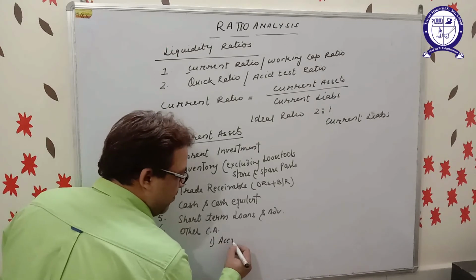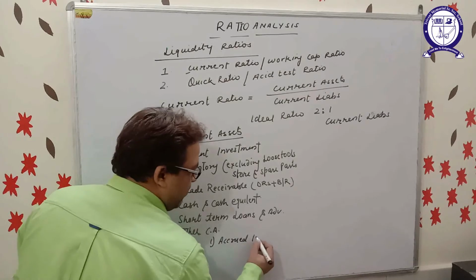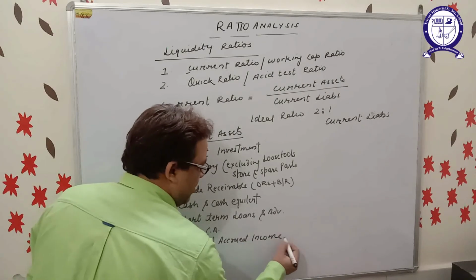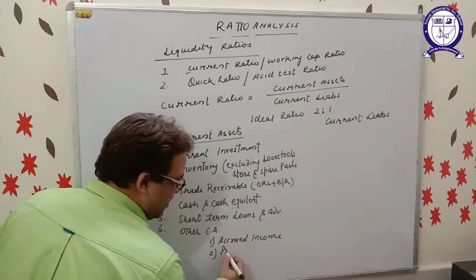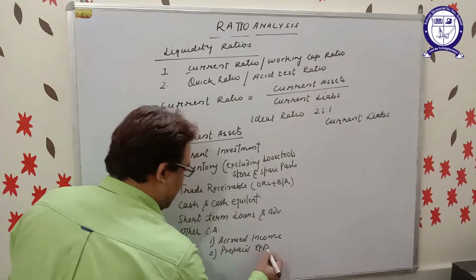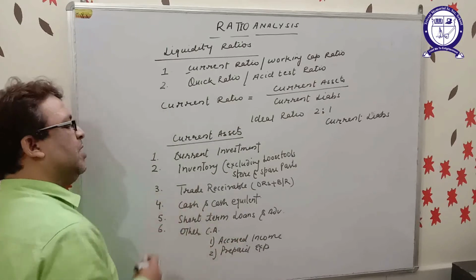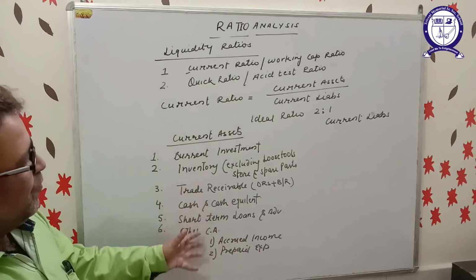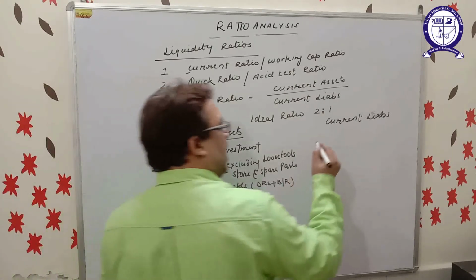Accrued income and prepaid expenses are included in other current assets. So these are the examples of current assets. Now current liabilities.